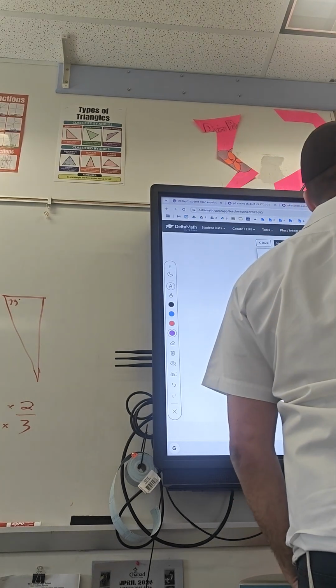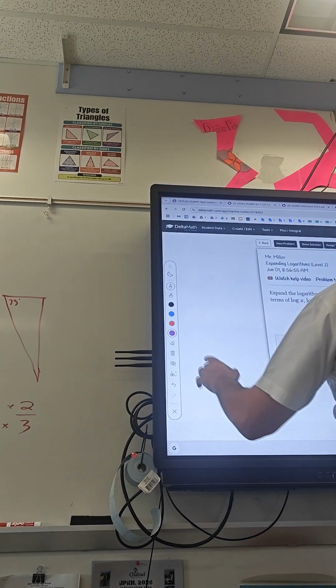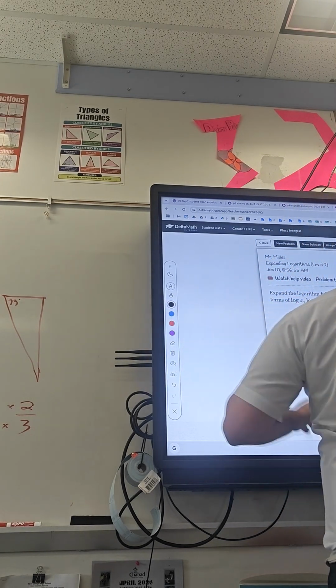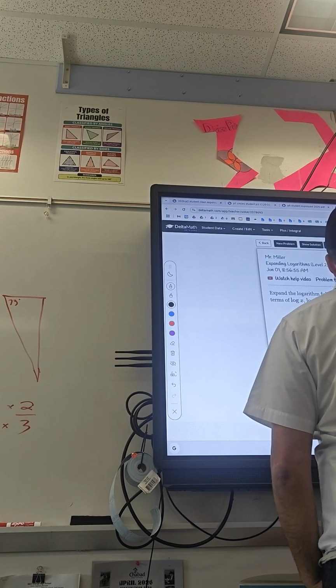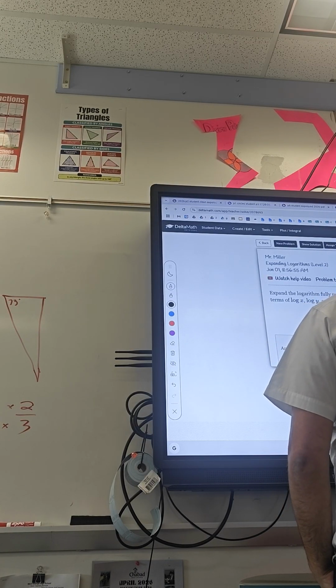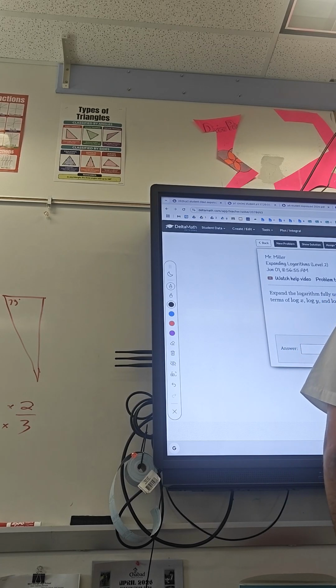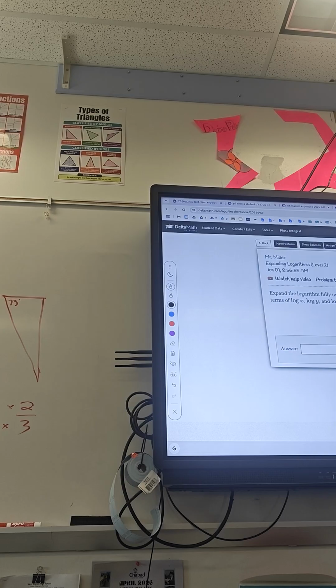Now we got to bring this out to the front and this out to the front. This is the part I'm not thrilled about. So 4/3 log z minus 3 log x minus log y.